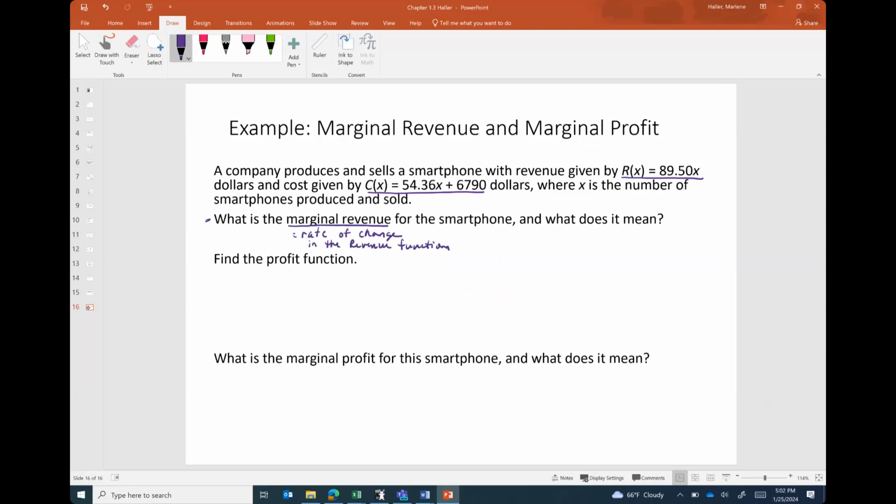So what is that rate of change? It's the slope, right? And in this revenue function, it's 89.50. So what does it mean? Again, $89.50 in revenue is obtained when one phone is sold.